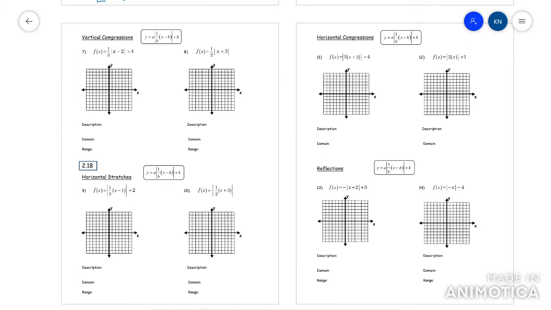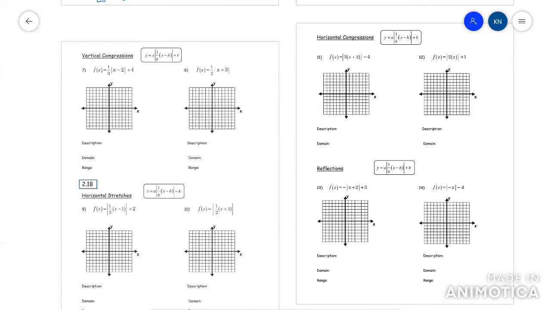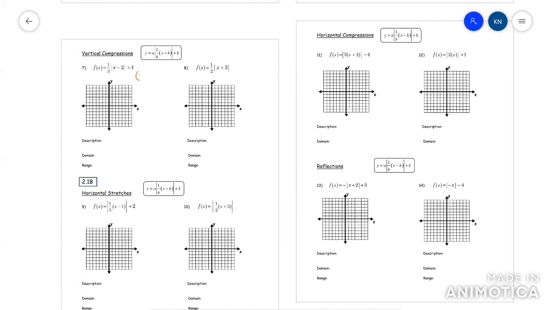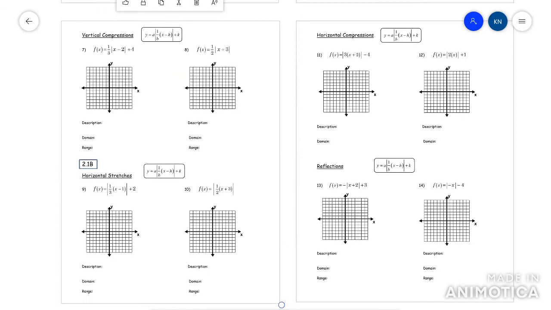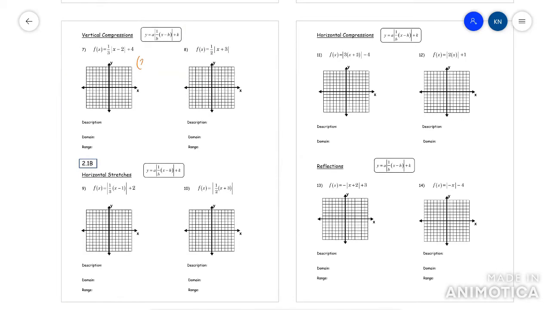Okay. If I was approaching number 7, first thing I would do is I would find my vertex. That's at 2, 4. Okay, that's better. 2, 4. Put a dot there.